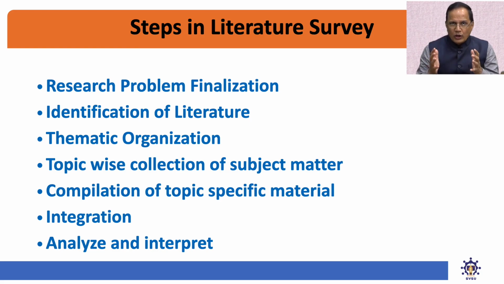Now how should literature be compiled and involved, then the topic wise specific material should be collected, and then there will be coherence, compilation and integration as well as synchronization of the material, so that the literature will give us a very good idea how the researcher is going to solve the problem, what would be the objective of research, and on the basis of the objective what hypothesis can be set, and once objective and hypothesis are set, then what should be the research methodology.